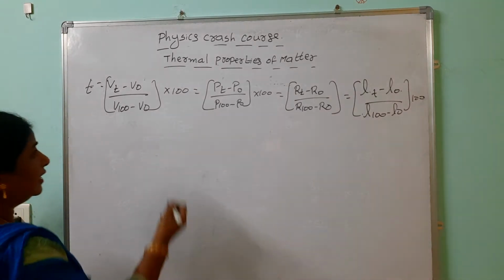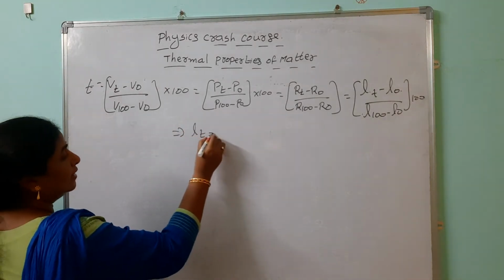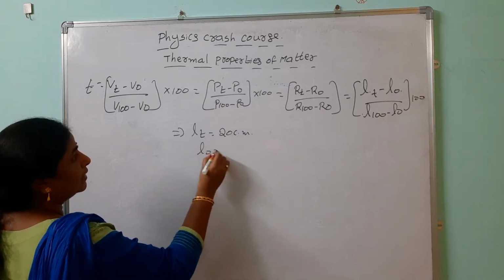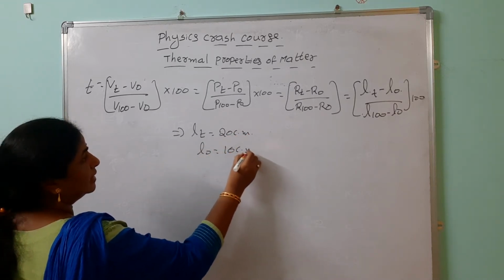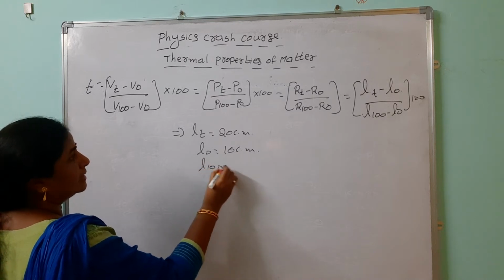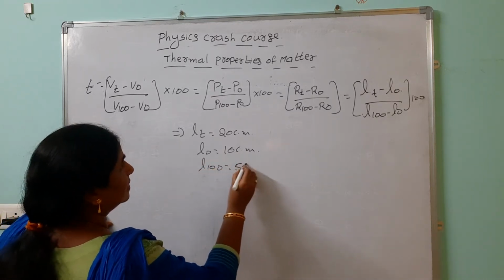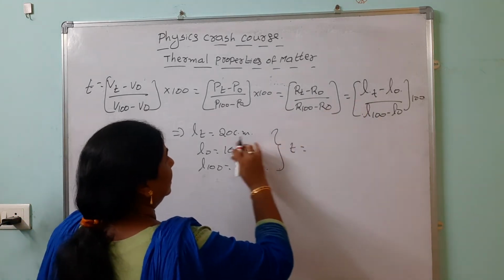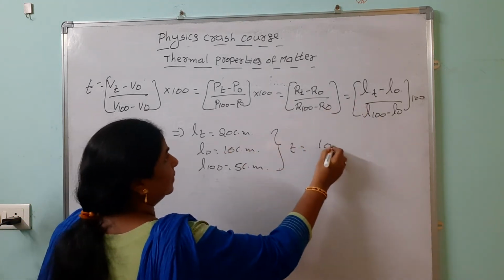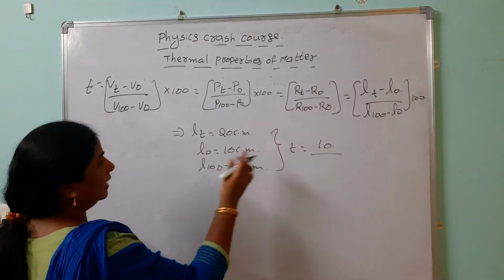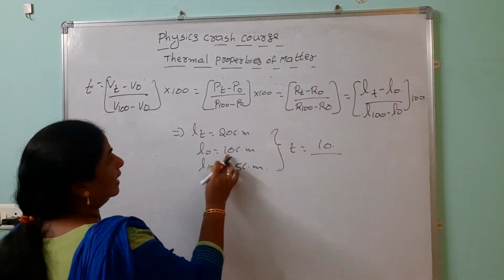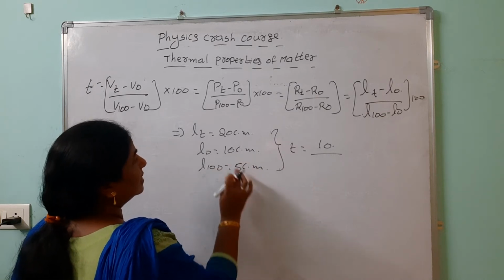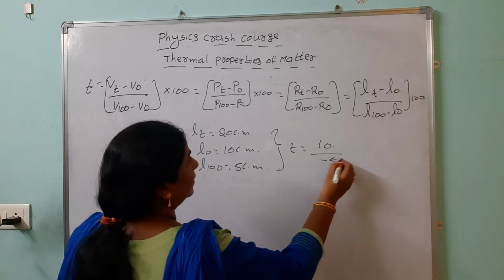One problem here: if Lt equals 20 centimeters, L0 equals 10 centimeters, and L100 is 5 centimeters, find the temperature. T equals, here 20 minus 10 is 10, then at 100 this is 5 and L0 is 10. So 5 minus 10, how much is it? Minus 5, into 100.